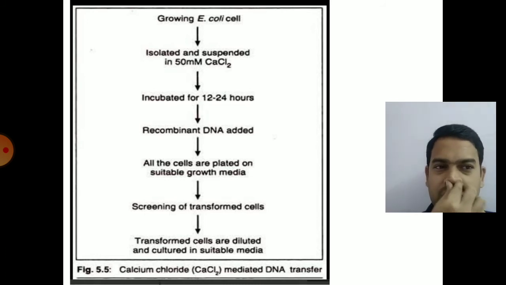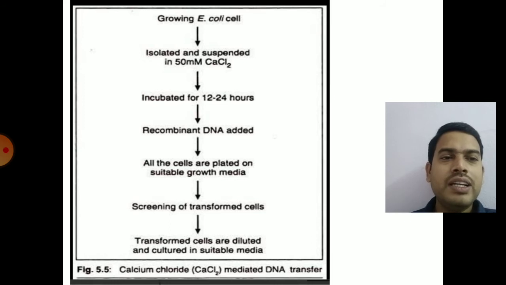I have told the process of the screening method in the previous classes. If you are using a vector, then you can screen the bacterial cells by antibiotic resistance markers like ampicillin, tetracycline, etc. The vector plus bacterial cells in 50 micromolar calcium chloride are incubated in a liquid broth medium, and then these bacterial cells are inoculated onto a solid medium containing the antibiotic.